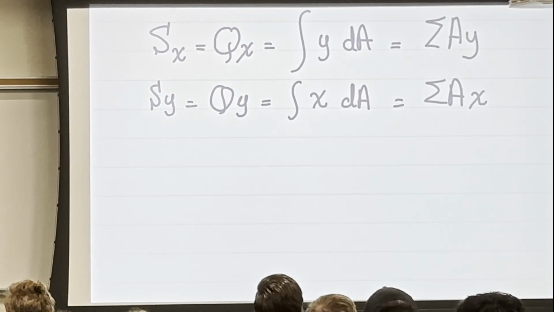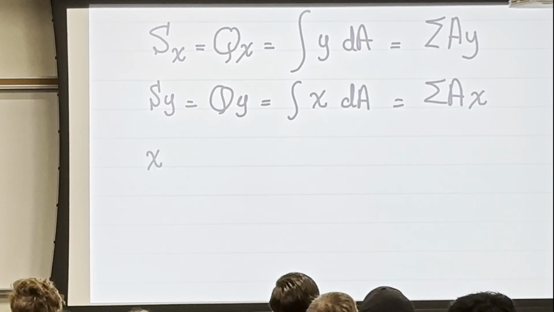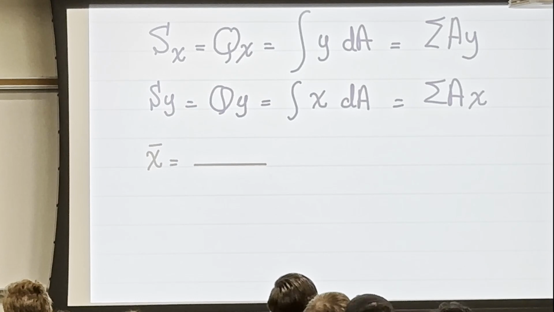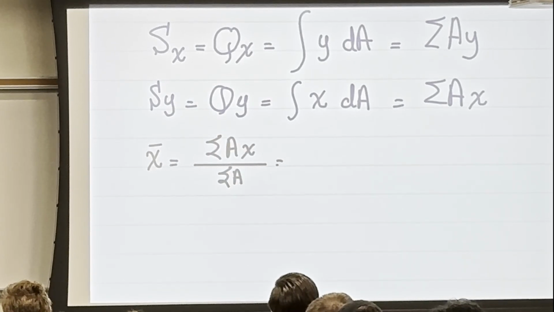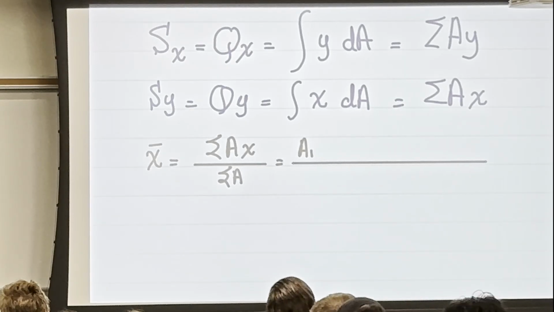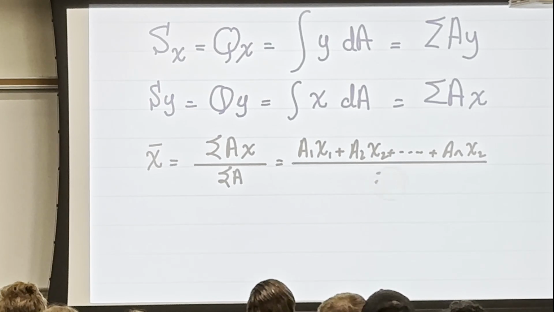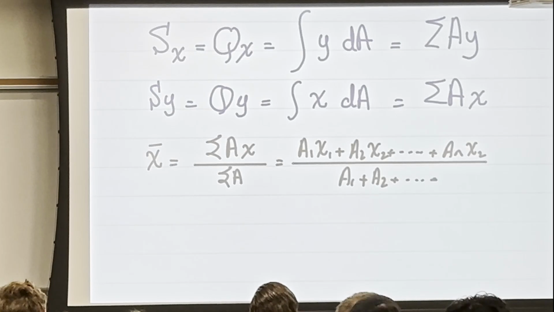Again, the application of this first moment of area is to find the centroid. If you remember what we did in the last session, to find the centroid x bar, I will say the summation of area times x over the summation of area. Let me break it up: A1 x1 plus A2 x2 plus until An xn, over the summation of area, which is A1 plus A2 plus until An.